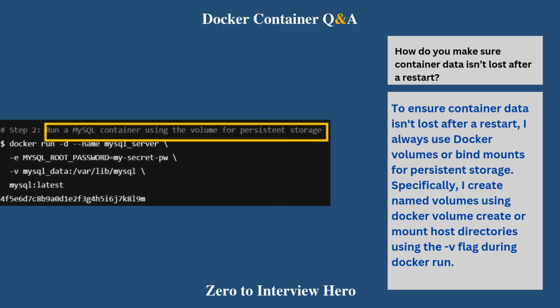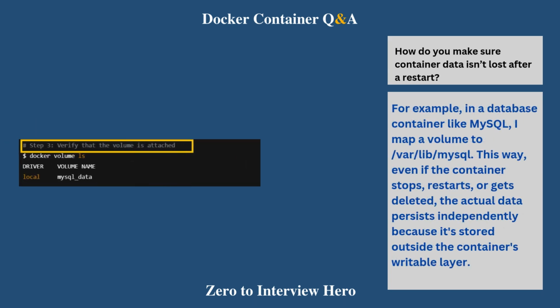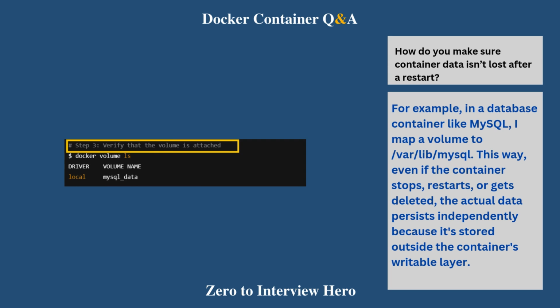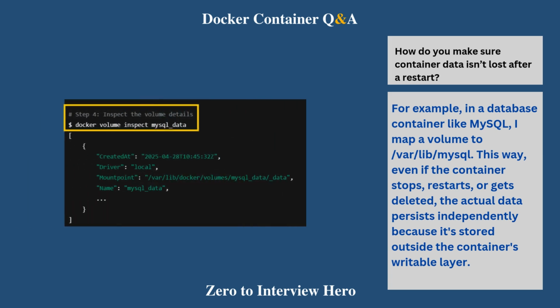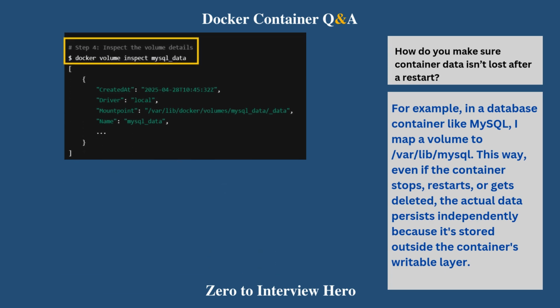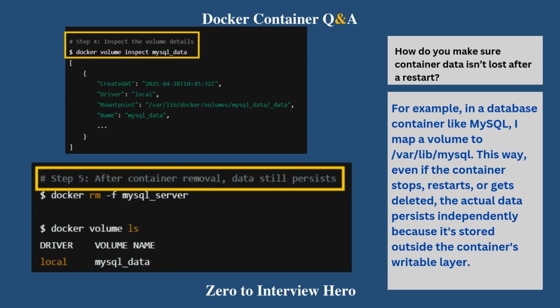Specifically, I create named volumes using docker volume create or mount host directories using the -v flag during docker run. For example, in a database container like MySQL, I map a volume to /var/lib/mysql.